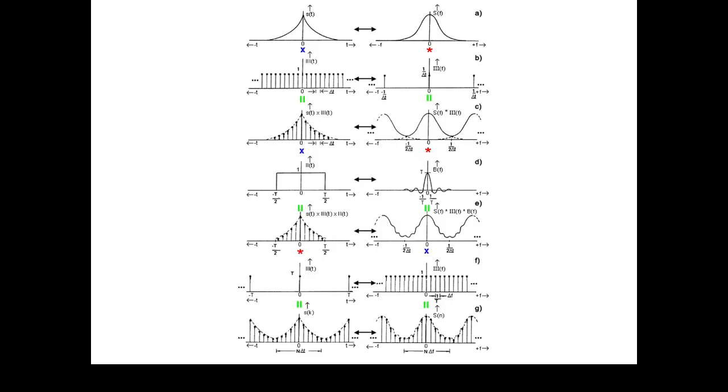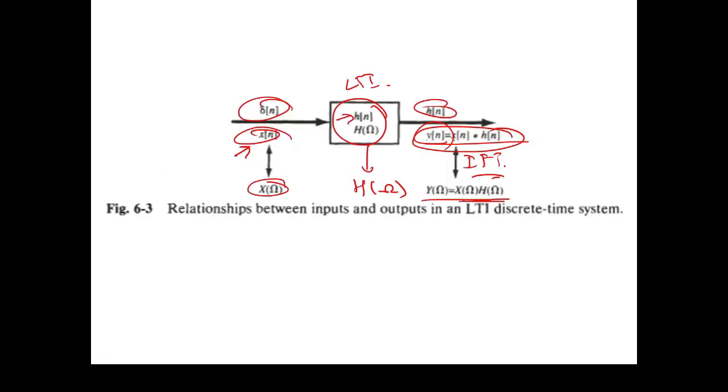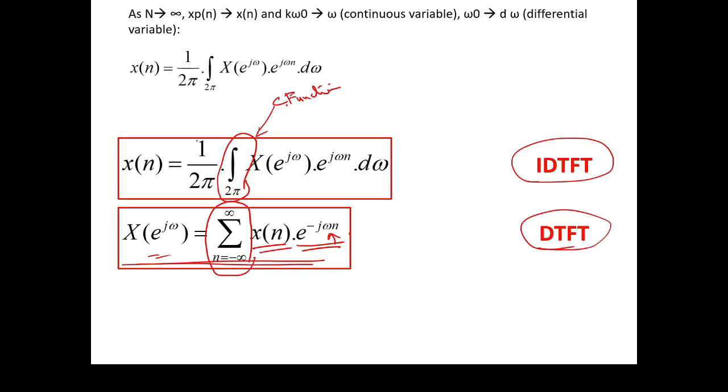So what does that mean? If we go back to the previous equation, X of omega would be discrete in nature, but x of n would be a continuous time signal. But the problem is that we are not able to implement these transforms in digital systems.